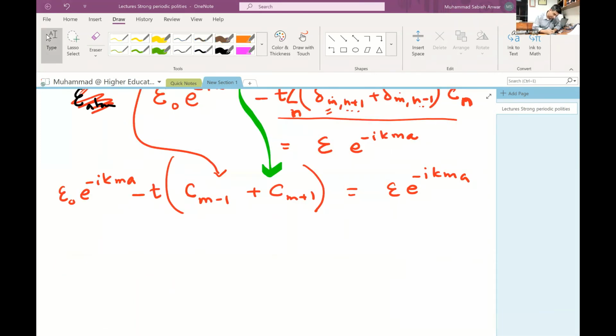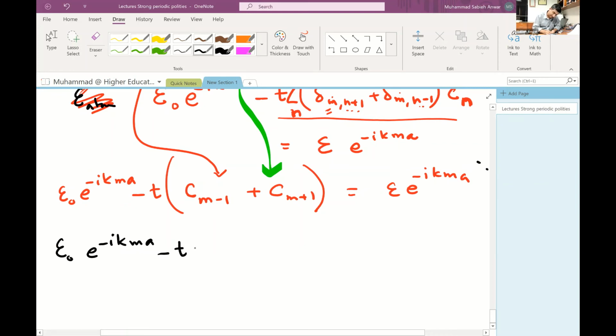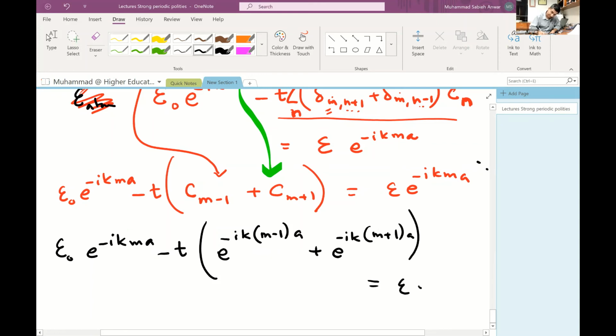Epsilon naught, sorry, I'm being a bit tongue twisting here. So epsilon naught e to the minus i k m a minus t times e to the minus i k (m minus 1) a plus e to the minus i k (m plus 1) a equals the energy times e to the minus i k m a.